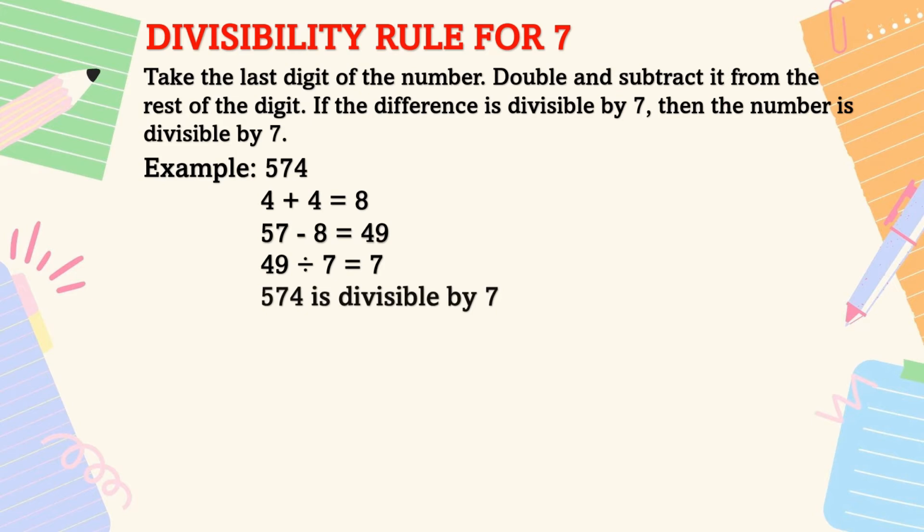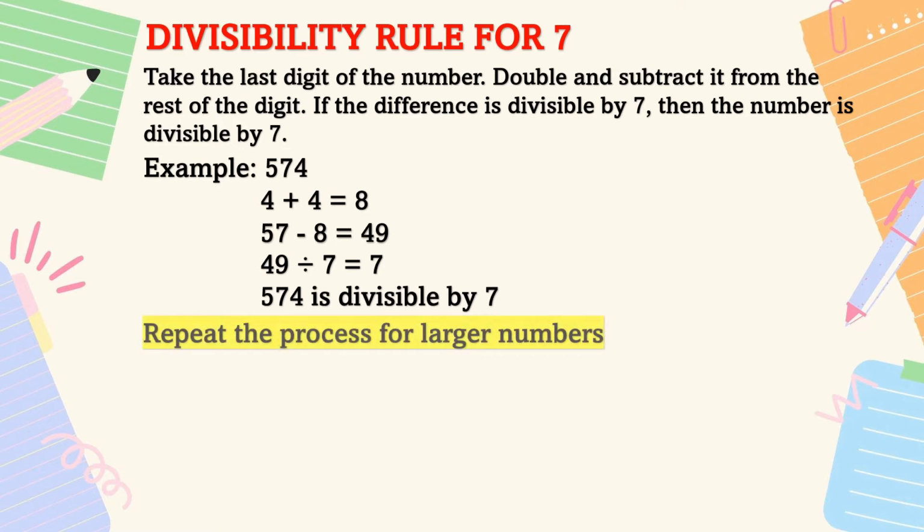Now kids, what if there's a larger number? All we have to do is to repeat the process for larger numbers until it reaches the last two digits. For example, 3,948.